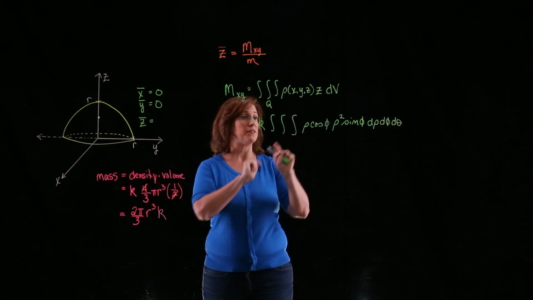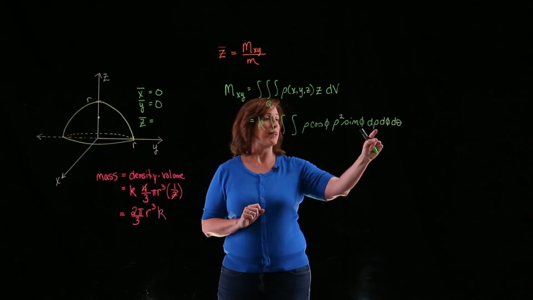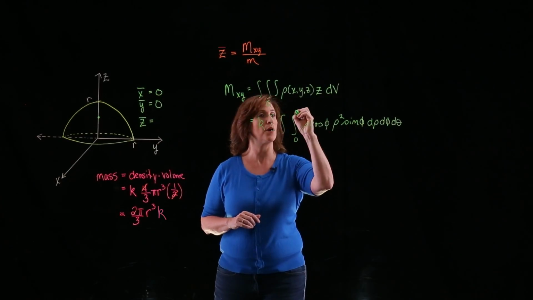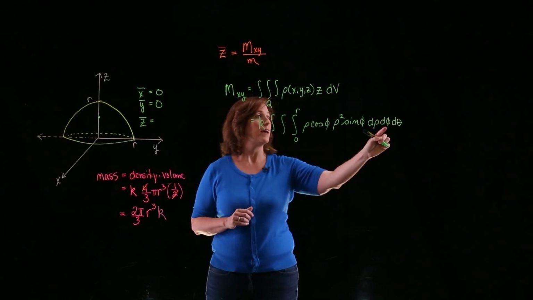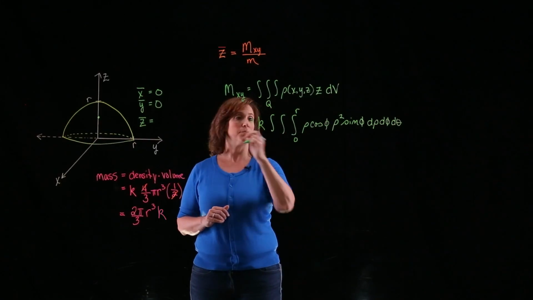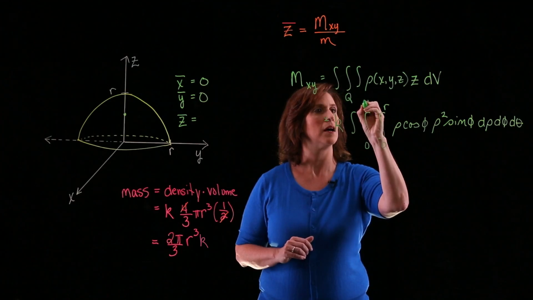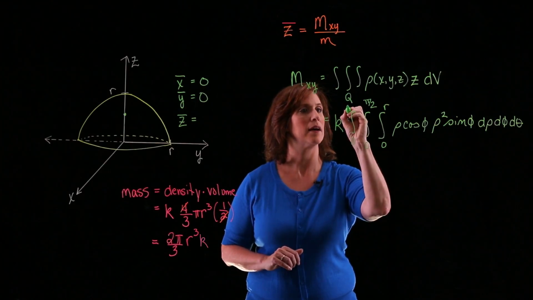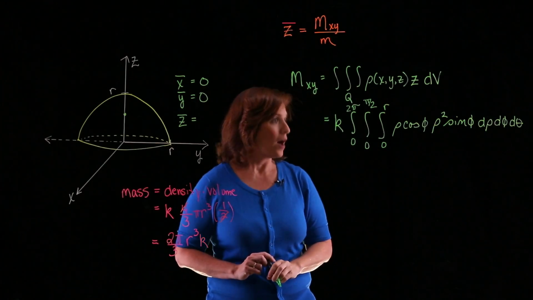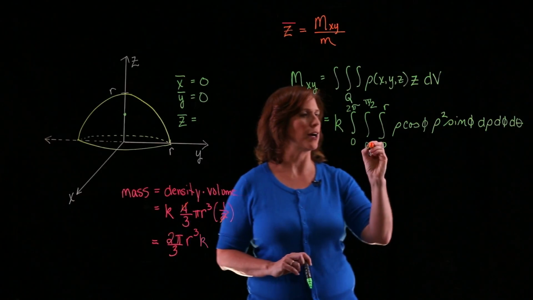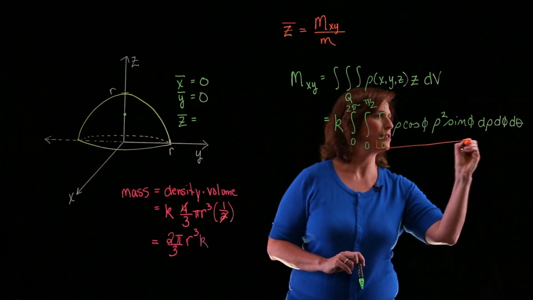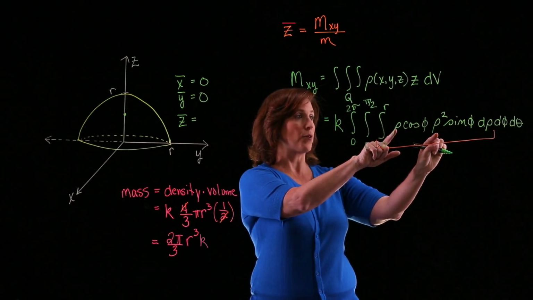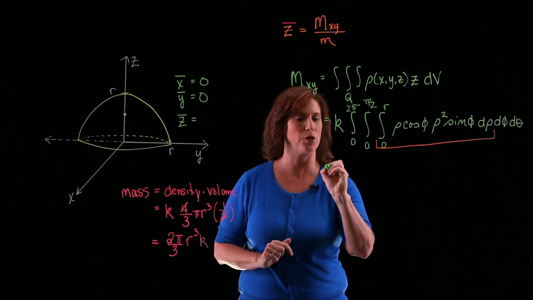All right, so now let's look at these limits of integration that I need. I'm starting to integrate with respect to rho. I know my sphere has radius r, so I'll be going from 0 to r. Phi, I'm going to be going from 0 to pi over 2. And theta will be going from 0 to 2 pi. Now I'll notice that I have a rho and a rho squared, so I can combine that to be rho cubed.